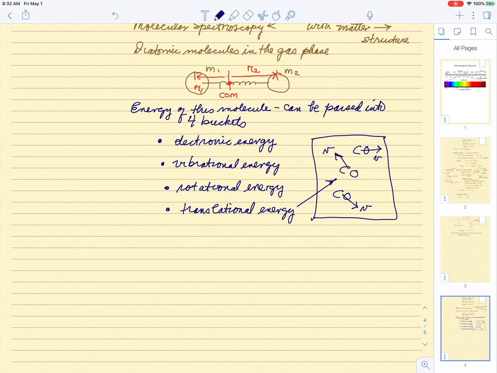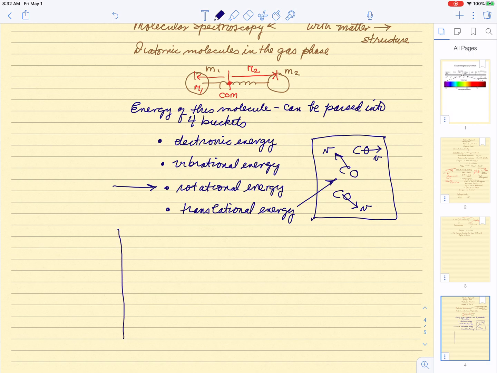So again, the quantum chemistry of molecules gets quite complicated in a wonderful way, and we won't be able to get into that much. But we'll look at each of these in turn, and we'll start with the rotational energy.